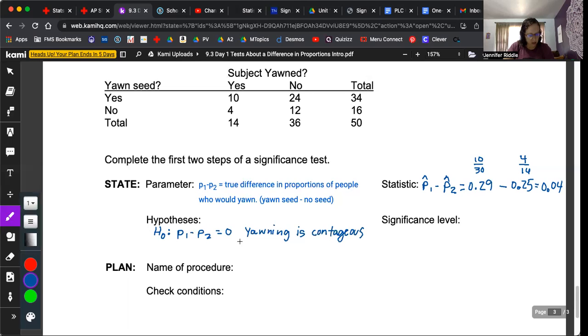If it is contagious, then our alternate hypothesis should say that p1 minus p2 needs to be greater than 0.